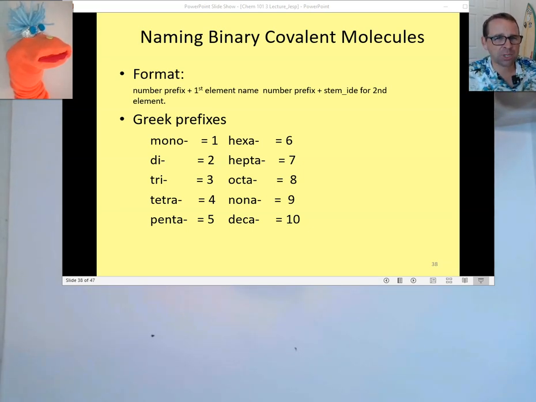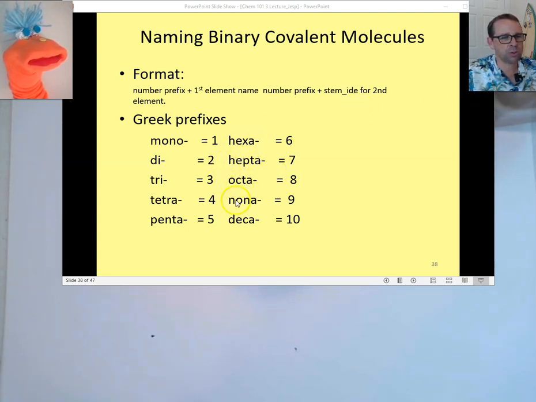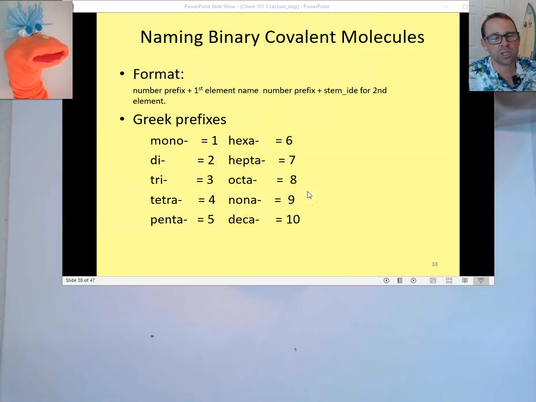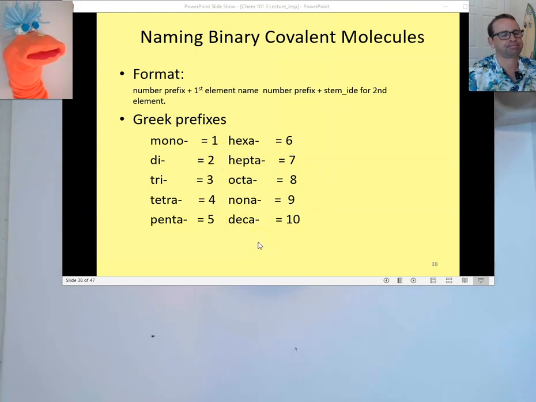So September used to be the 7th month, and that is one way that I remember hepta, because septa comes from a similar prefix for the 7th month. So September, October, November, and December. That's where we get those names initially from the 7th, 8th, 9th, and 10th month. So that's one way I can remember hepta, nona, and deca.